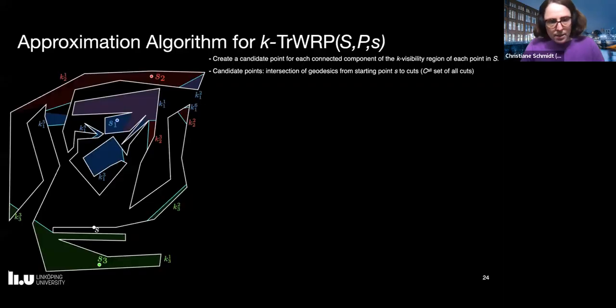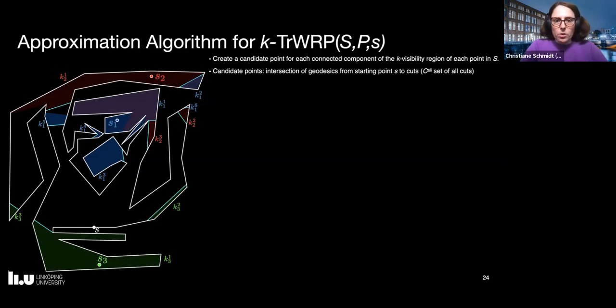So let's look at a slightly larger example. Here we have our set S containing 3 points, S1 in blue, S2 in red, S3 in green, and our starting point S is in white. And so we see, for example, that the 2-visibility region of S1 has 6 connected components, which are all indicated in blue in that figure.